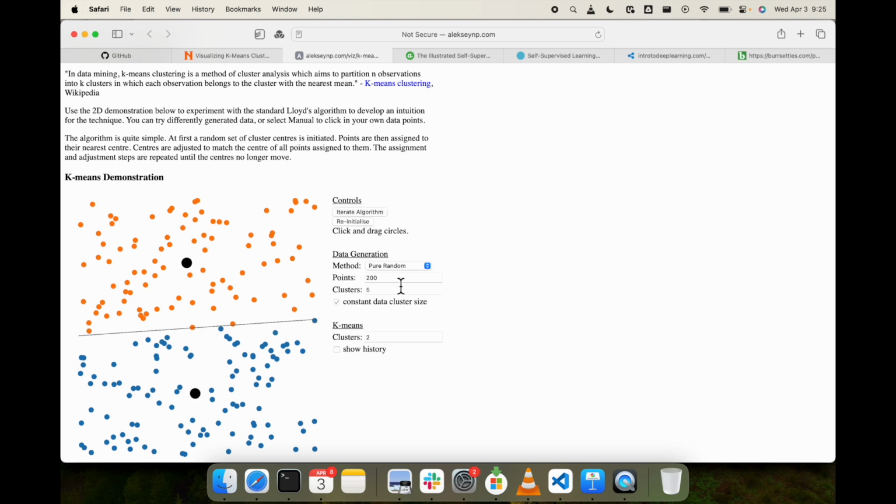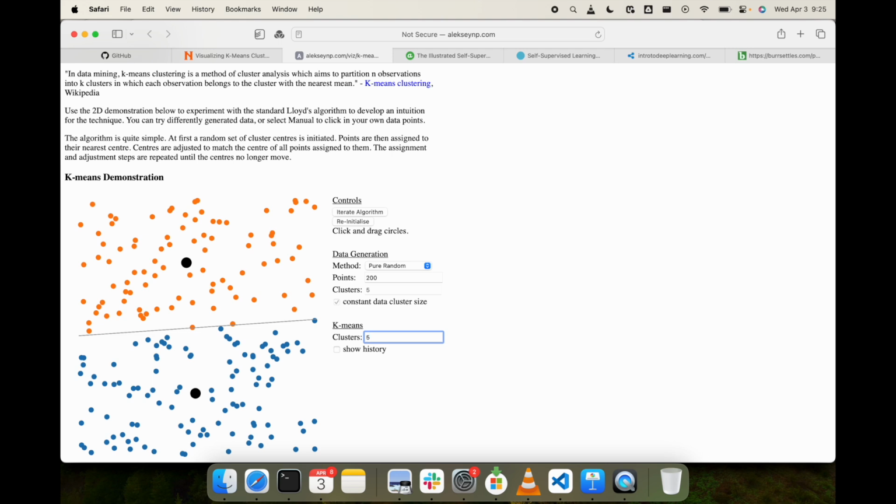Now here, interestingly, the method which I had used to generate the data had 200 points and 5 clusters. So naturally this won't be represented very well using just 2 clusters because the within cluster variation seems to be very large. If I had indeed kept it to be 5, do you think I'll do a very good job?